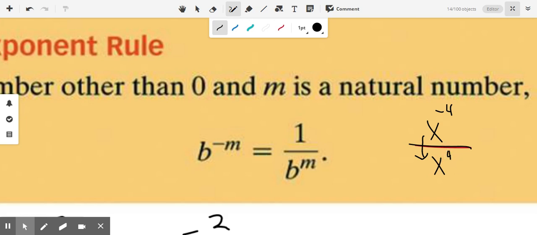So if it's on top and I move it to the bottom, it changes the sign of the exponent. Notice if it was a positive x to the 4th on the bottom and I moved it to the top, it would become a negative.